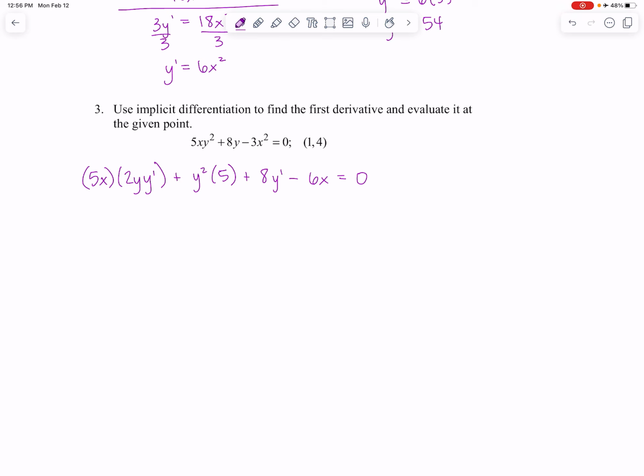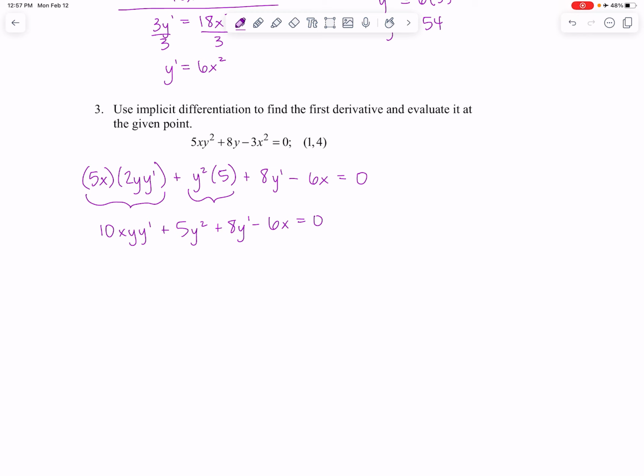Now let's solve for y prime. So what we'll do is let's multiply this out and this. So we'll have 10x y prime plus 5y squared plus 8y prime minus 6x equals 0.